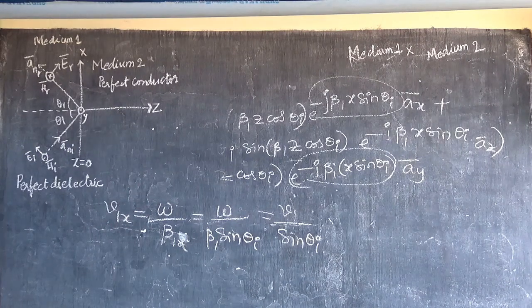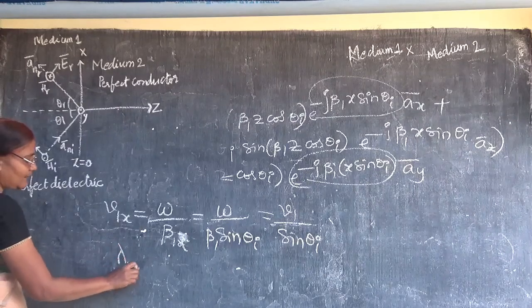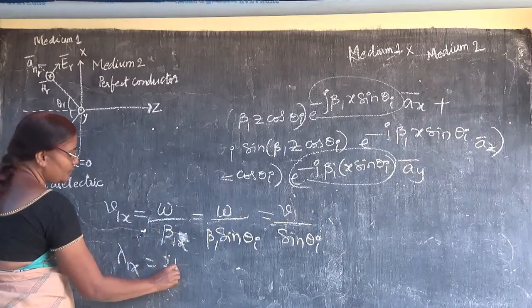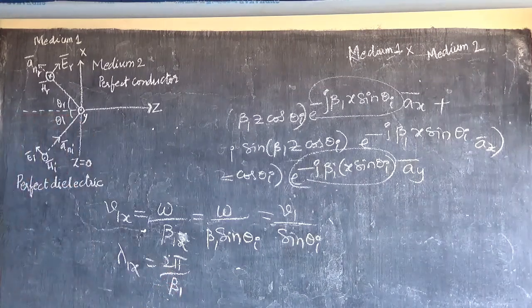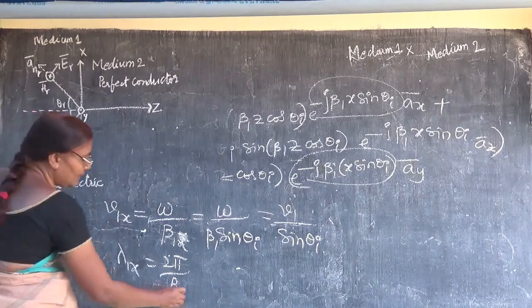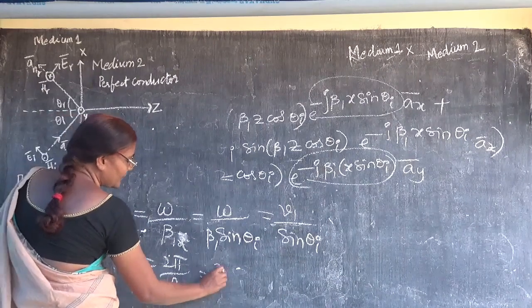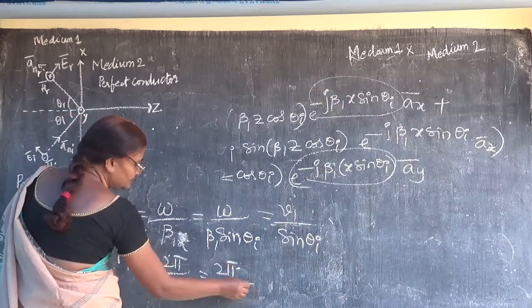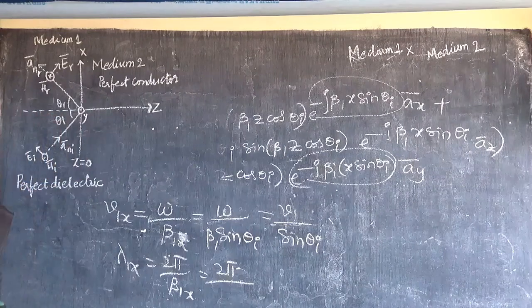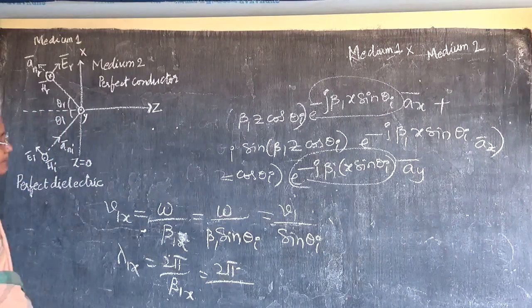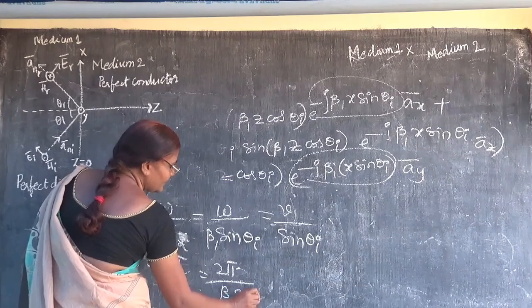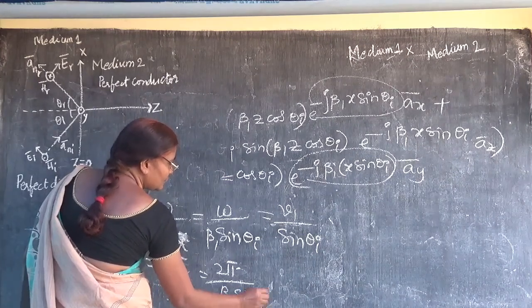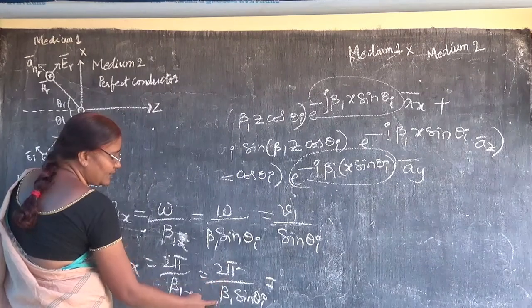with this we can find the lambda also. What is lambda 1x? Lambda 1x is equal to 2 pi by beta 1x. So what can we write here? 2 pi by beta 1 sin theta I. So what is 2 pi by beta 1?